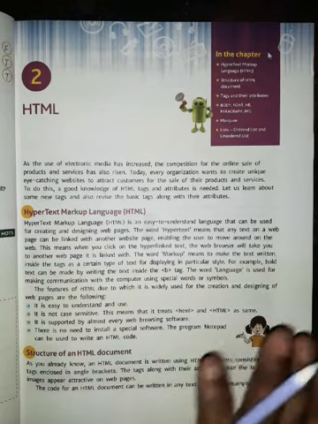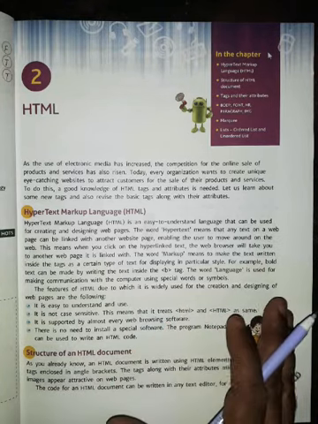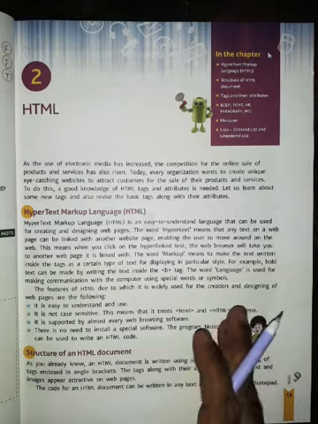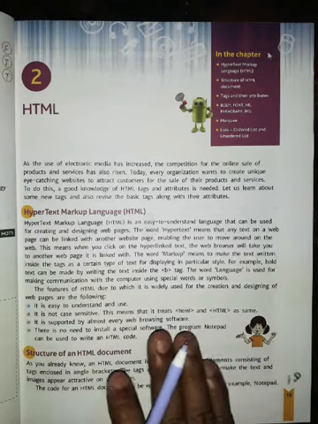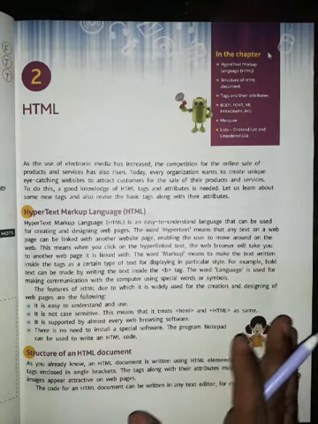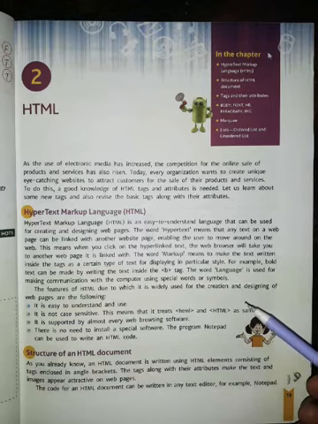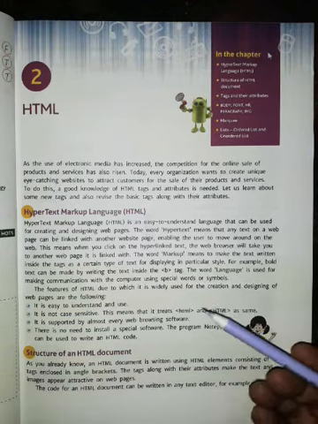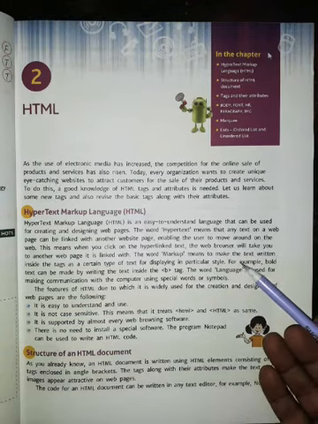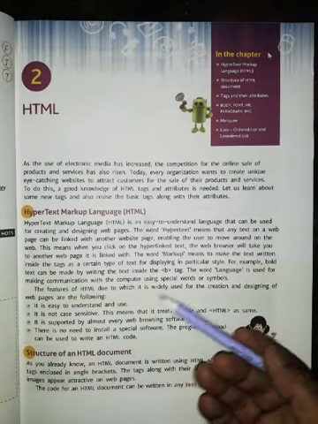For example, it doesn't have common conditional statements such as if else, and it can't evaluate expressions or do any math. So, students, HTML is a very easy to understand language, and it can be used to design web pages.